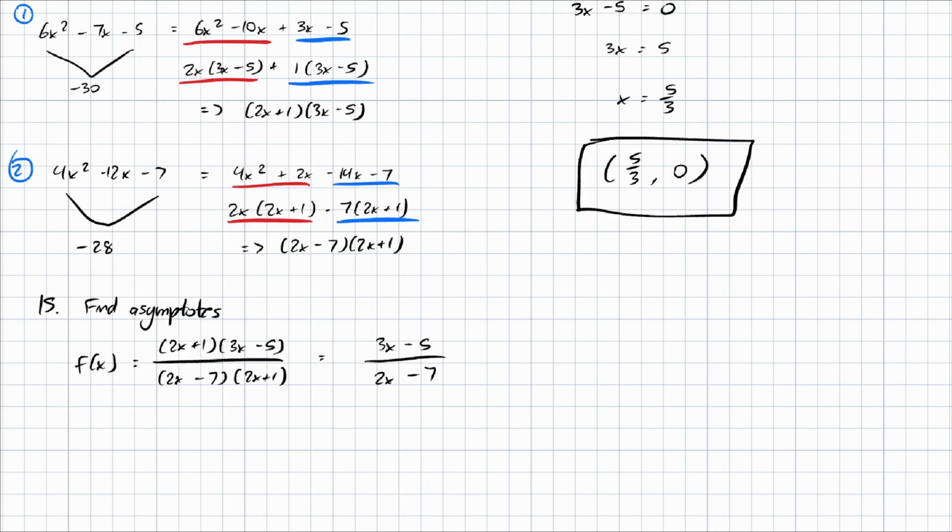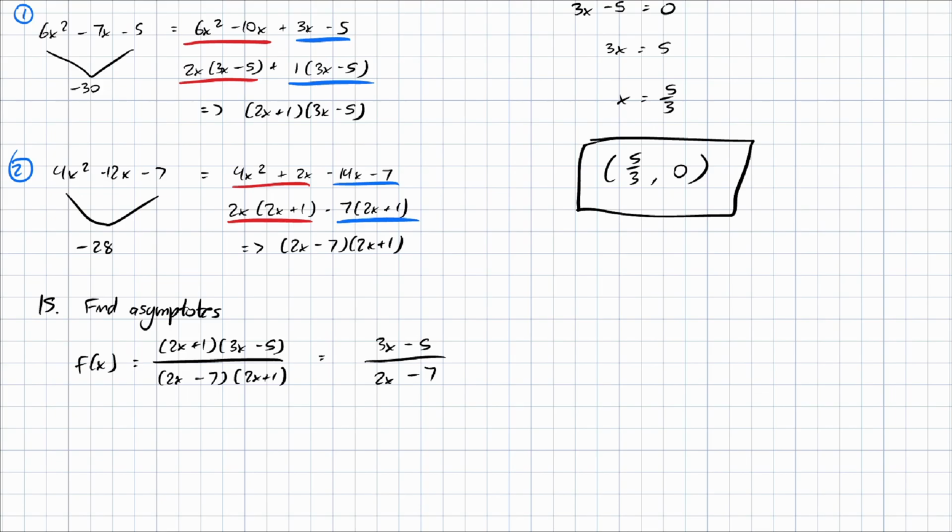Now, when I cancel terms, it doesn't affect how I solve for my horizontal asymptote, because I'm going to look at the x value, right? Same coefficient, so it won't affect my leading coefficients at all, or it'll be by the same factor, so it won't affect anything.